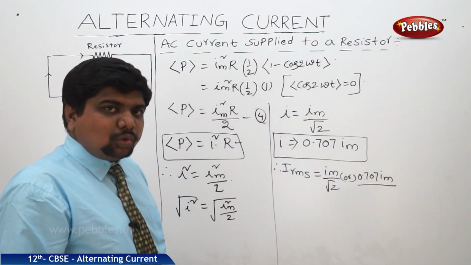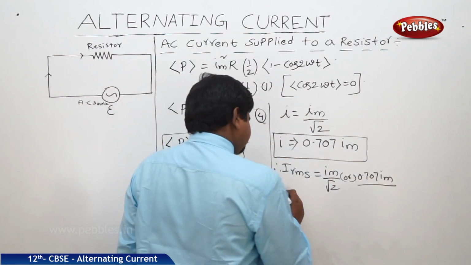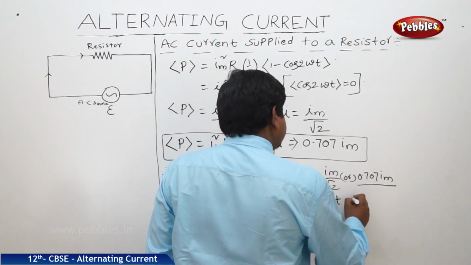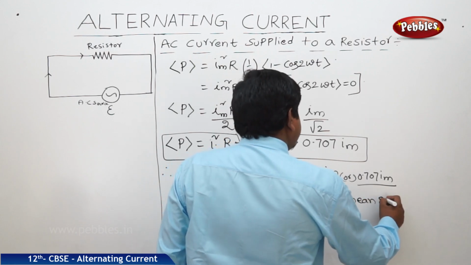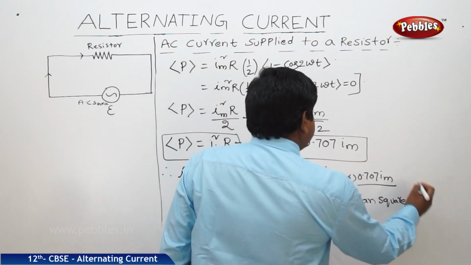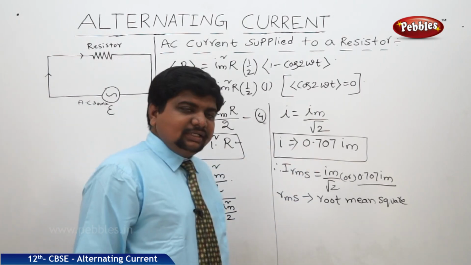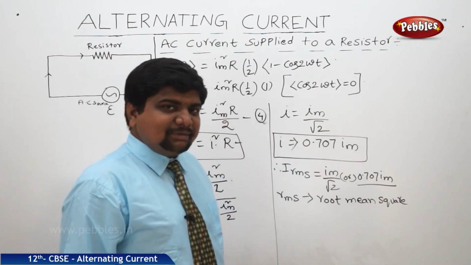RMS is nothing but root mean square. So this is the root mean square current, 0.707 into the maximum current.